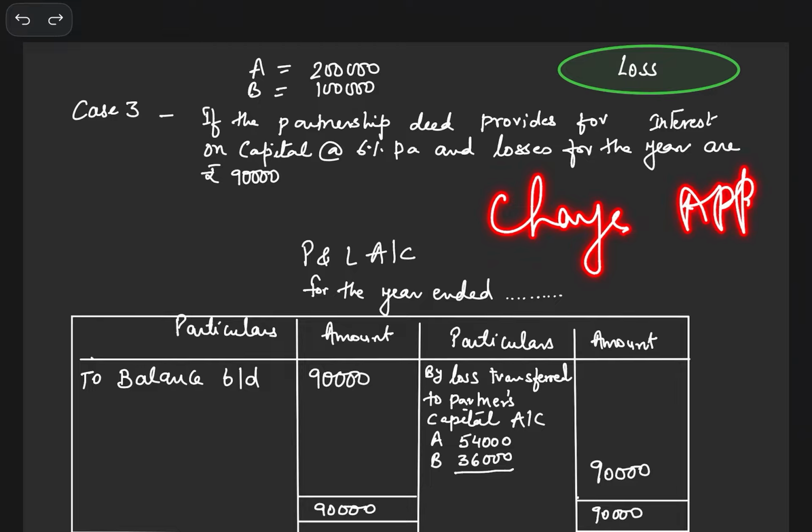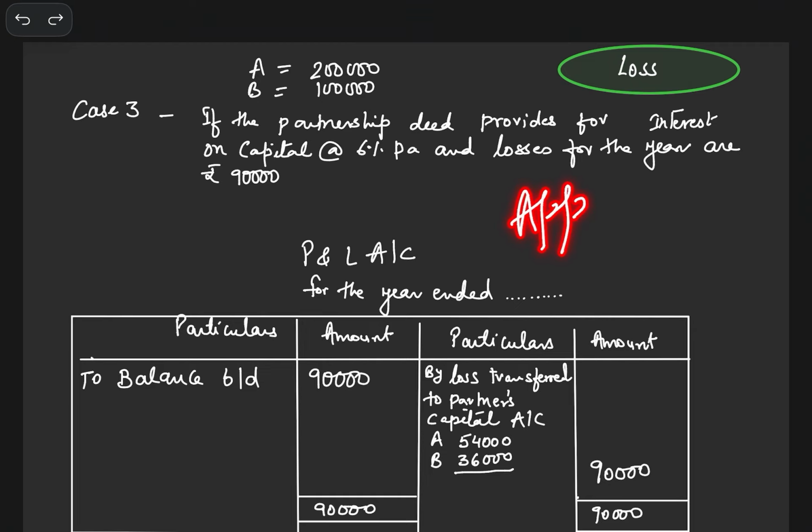or as an appropriation. So we had discussed in the previous video that it should be considered as an appropriation, right? Because the accounting treatment regarding interest on capital is not made clear. Right, so whenever we take it as an appropriation, then we try to find out whether there are profits or losses in the question.